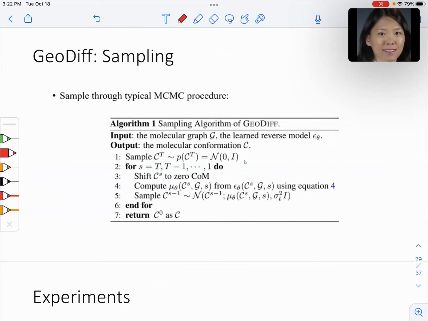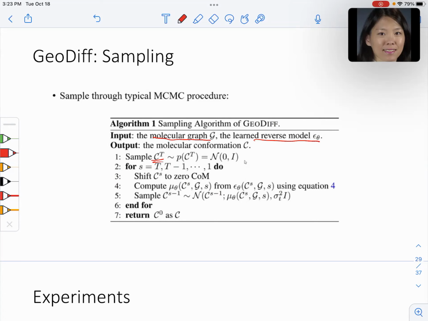So after we train the model, when we want to apply it to do the real conformation generation, the procedure goes like this. We first input a molecular 2D graph, and we also have the reverse model. We first sample the chaotic final diffused conformation from a standard Gaussian distribution.